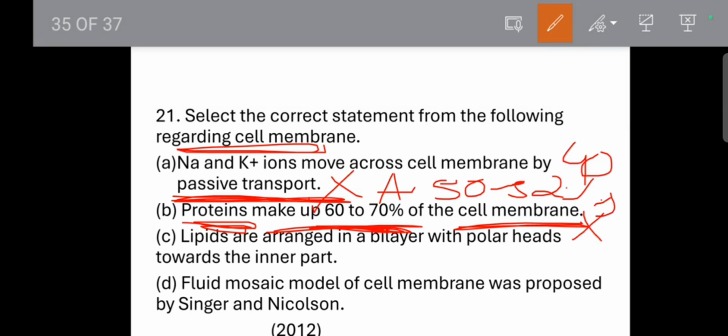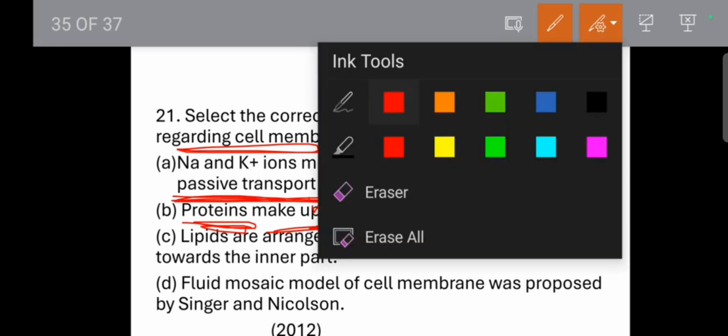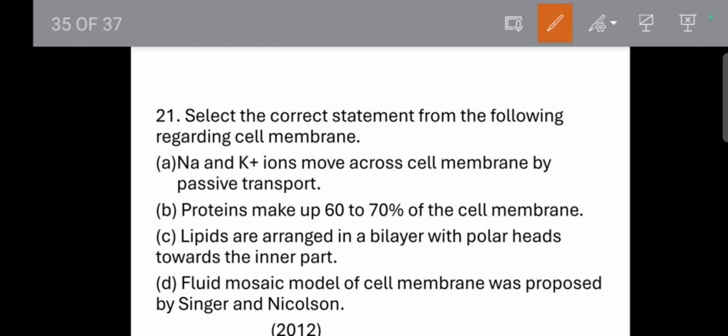The third one: lipids are arranged in a bilayer with the polar head toward the inner side. No, this is the wrong one. The polar head is present on the outer side and the tail is present on the inner side. So this is also a wrong one.